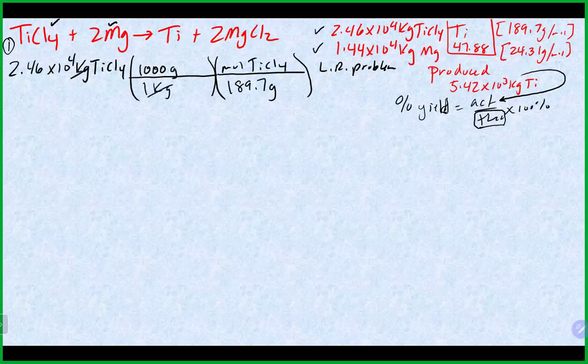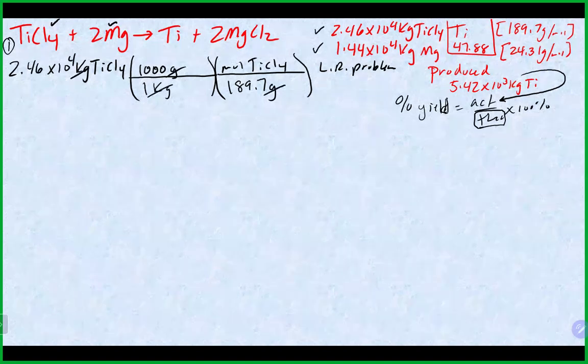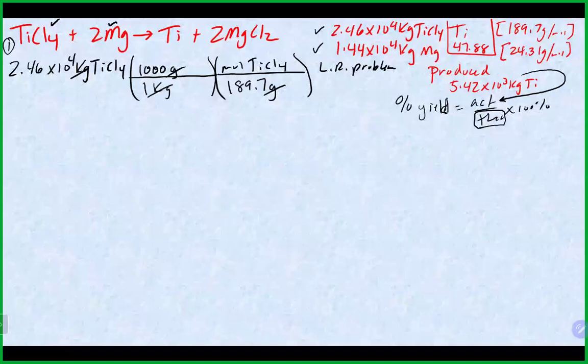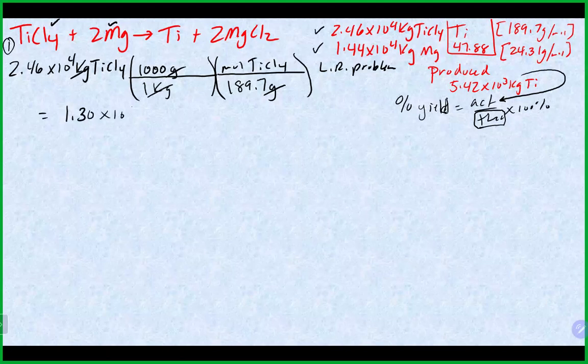So kilograms cancel, grams cancel, multiplying the top, dividing by the bottom, and that's going to get me 2.46 to the fourth times 1,000 divided by 189.7. And in this case, that's going to get me, looks like, 1.30 times 10 to the fifth moles of TiCl4.